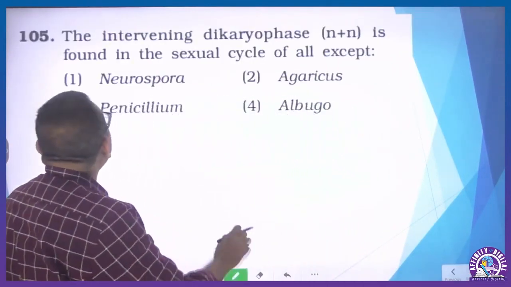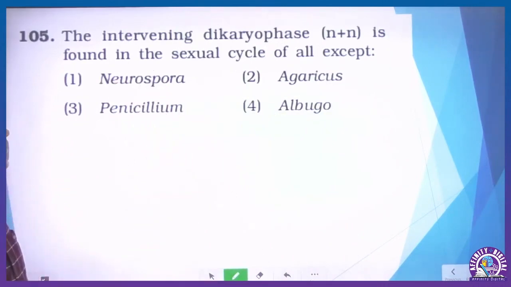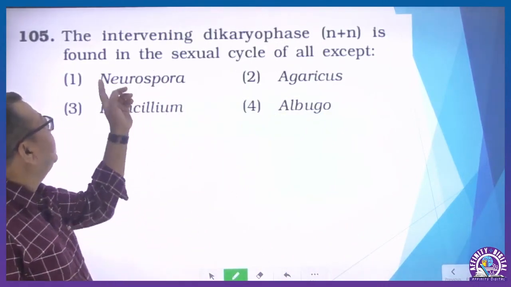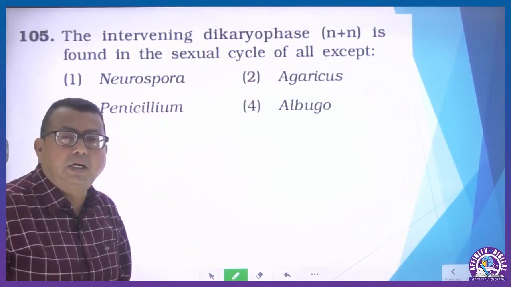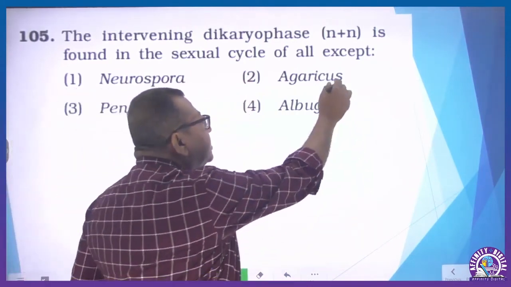Next question. The intervening dikaryophase, n plus n, is found in the sexual cycle of all except.